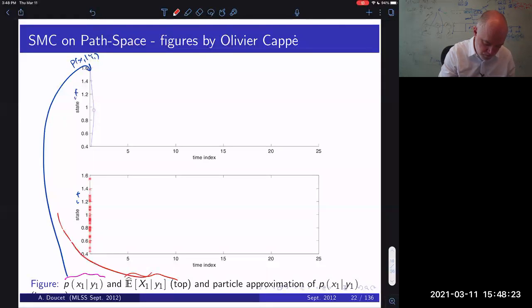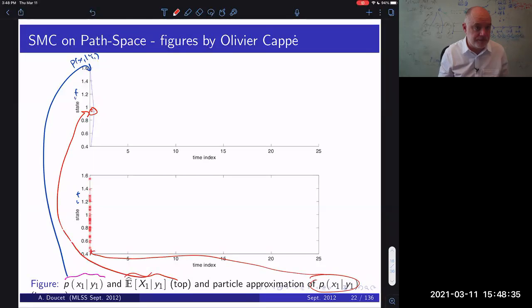That's this quantity. It's going to be this little dot right there, right? And the particle approximation to this, which is going to be the stuff over here. Good so far?